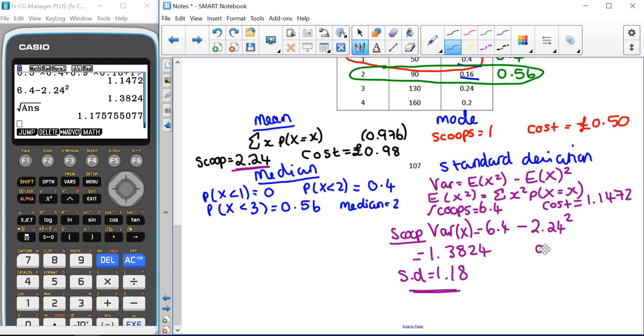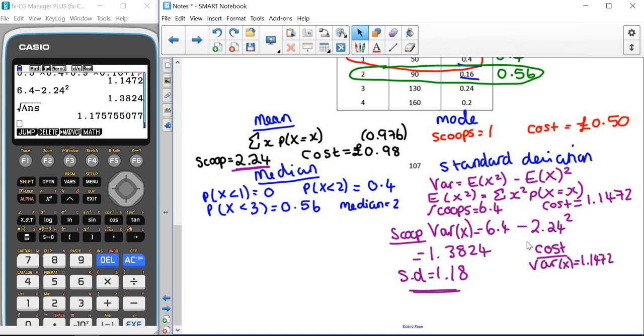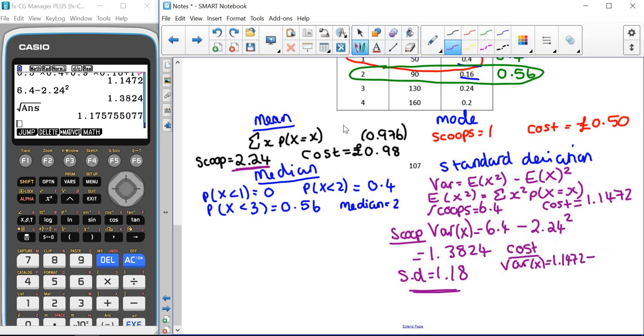So for the standard deviation of the cost, remember we have to start off with variance. We'll have our E of x squared, so our 1.1472, minus our E of x, and I'm going to use this unrounded value here because I'm still doing some working with it, so 0.976 squared.